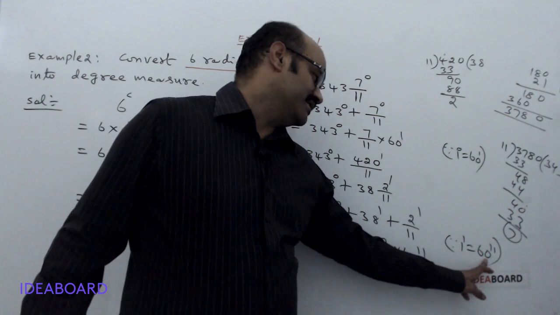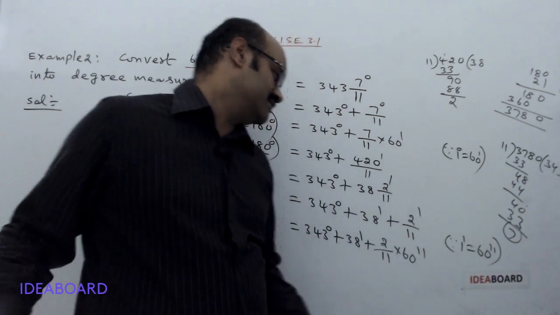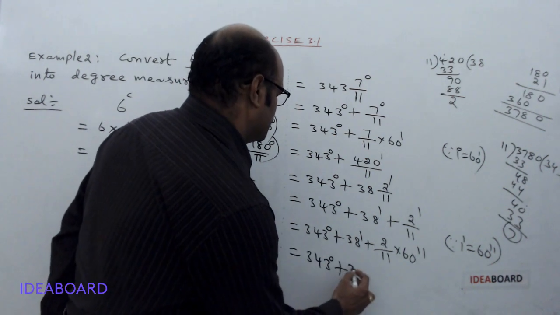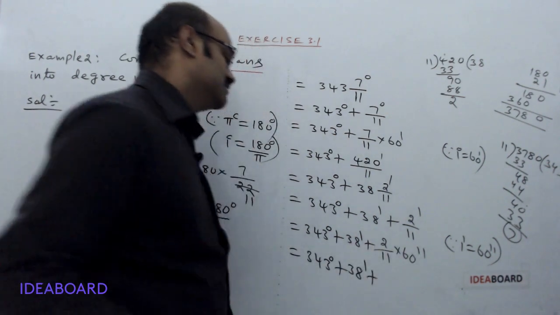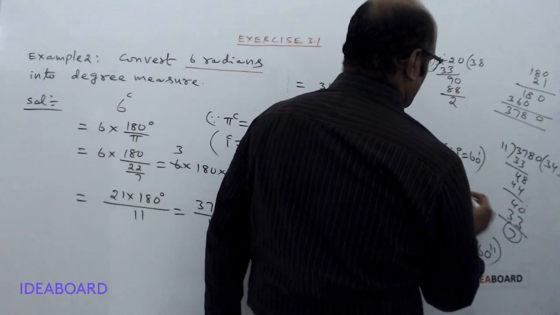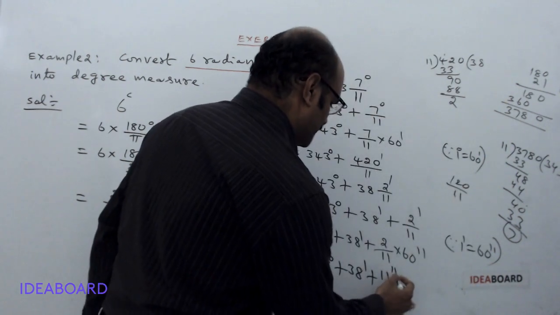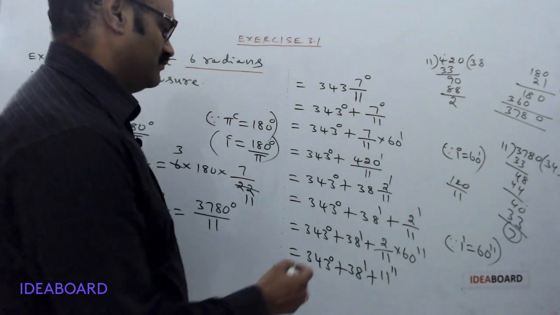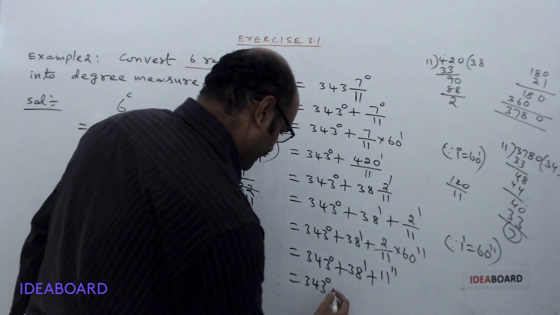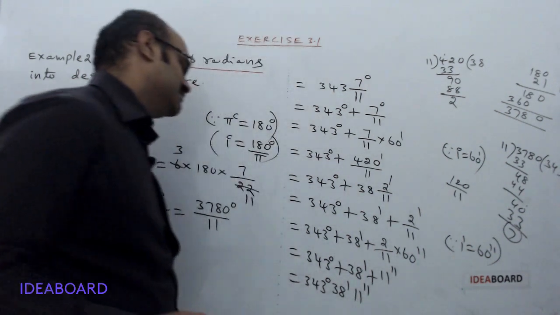So equal to 343 degrees plus 38 minutes plus 120 by 11. 120 by 11, so 11 ones. Approximately it is 11 seconds. So the final answer is 343 degrees, 38 minutes, 11 seconds. This is the answer.